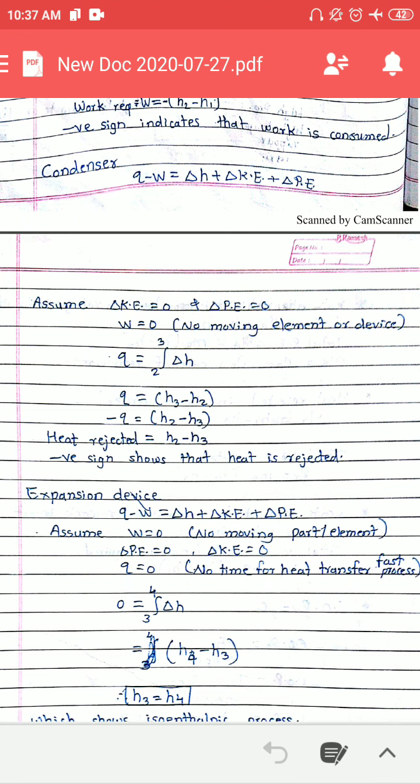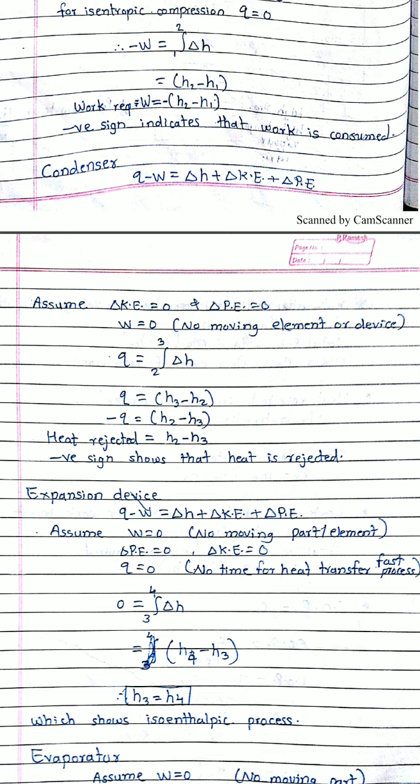delta H. But this condensation process is limited to the process 2 to 3. So hence we are putting the limits 2 to 3. So Q is equal to the integration of delta H from limits 2 to 3.